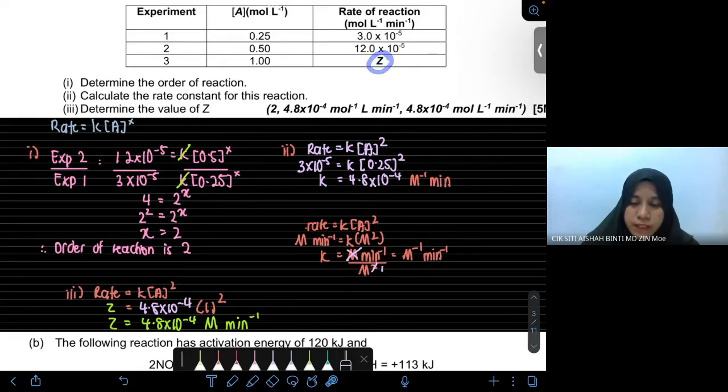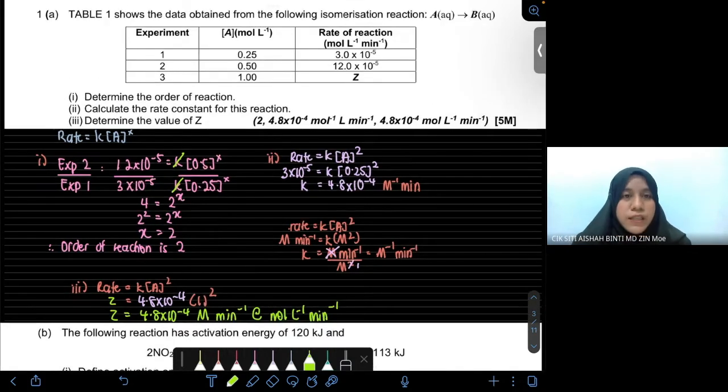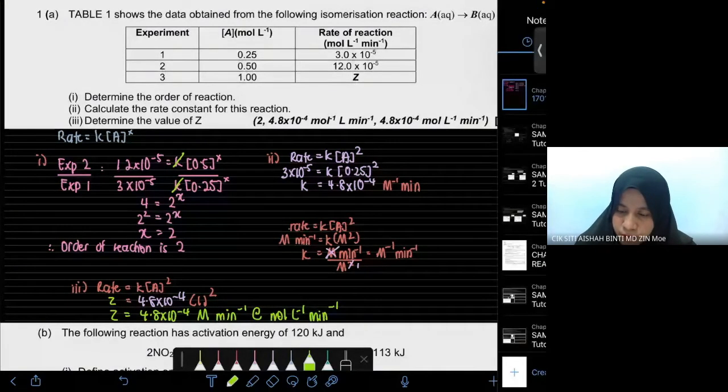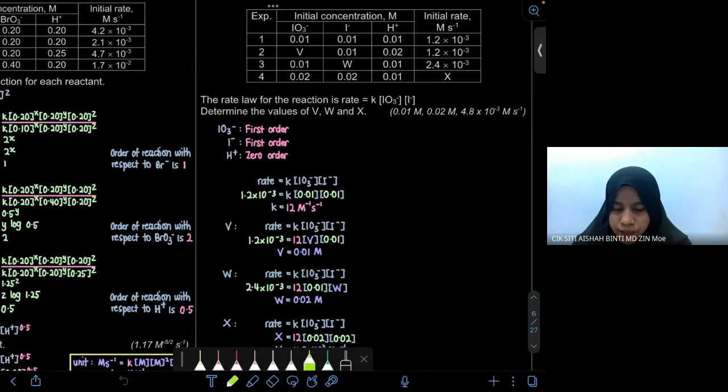So look at the unit here. If you don't want to write capital M, you can also write mole per liter per minute. Okay, so that is for question number 3. This one is straightforward, we just substitute. I think there is example 6 in your notes. Let us look back at the notes. Example 6.